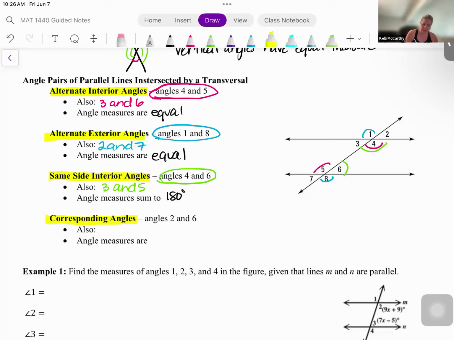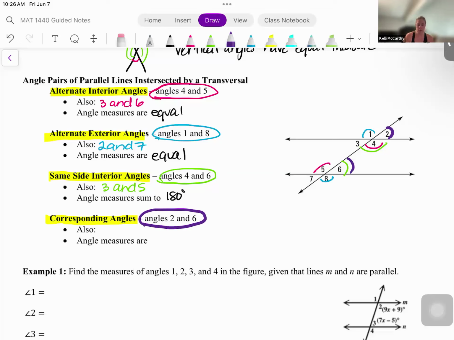The last is corresponding angles. Corresponding angles are in the same position when you're looking at the pairs of vertical angles formed by the transversal and one of the parallel lines. So angle 2 corresponds to angle 6.